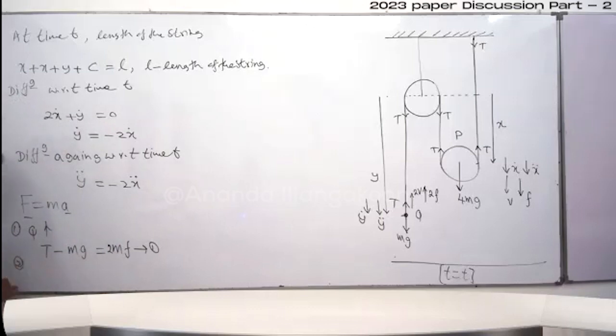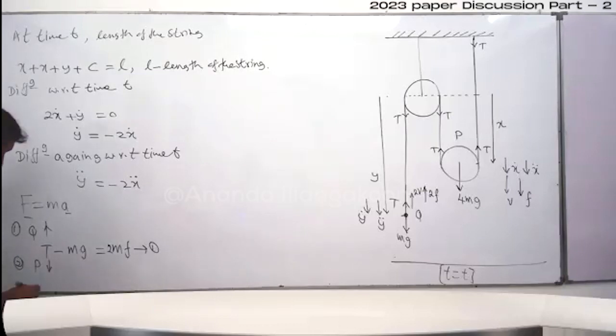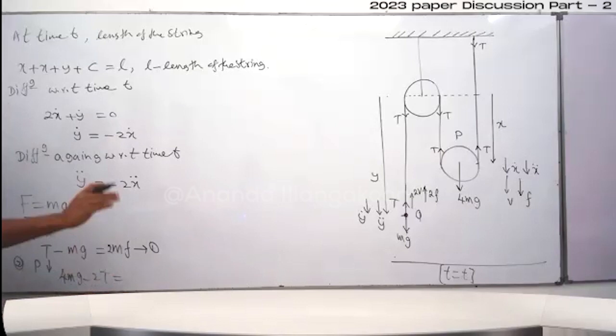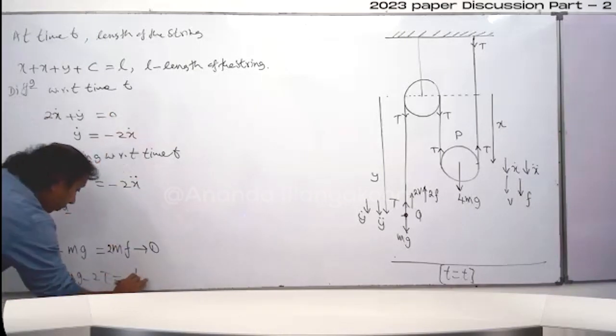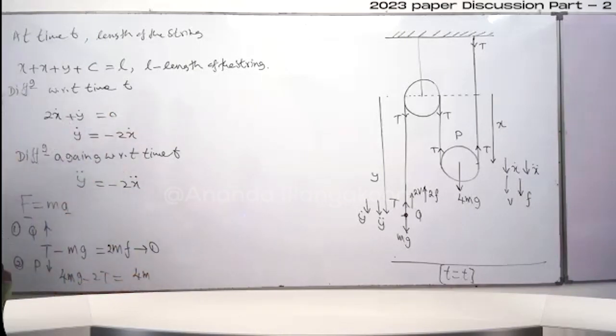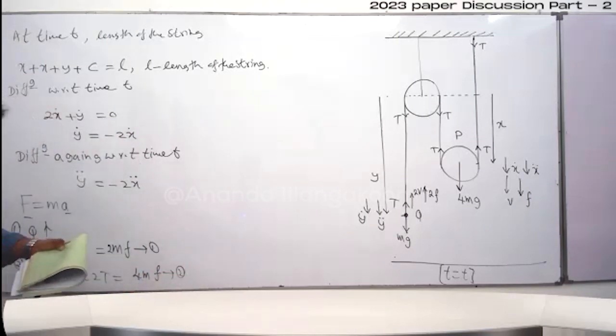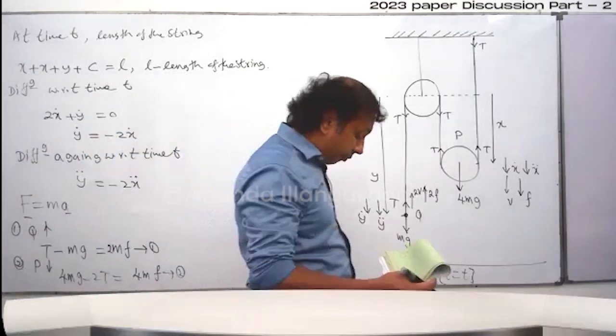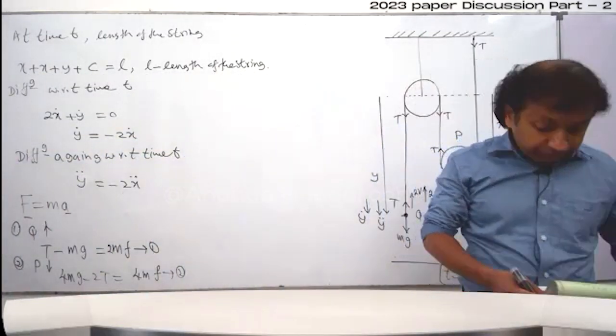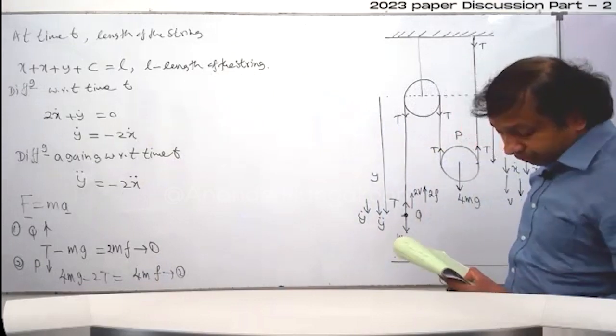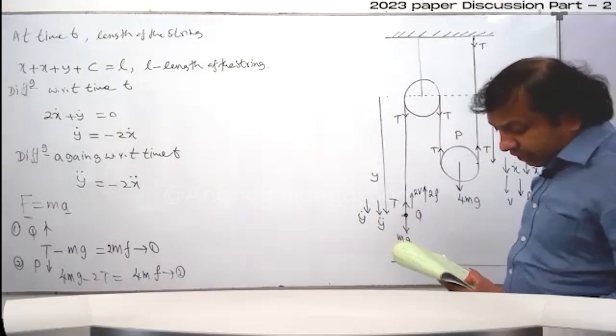Secondly, for this p we can apply downward: 4mg minus 2T equals 4m times f, downward acceleration f. These two equations we get. By solving them, people, we find this simple f, right? Then we get the answers how?